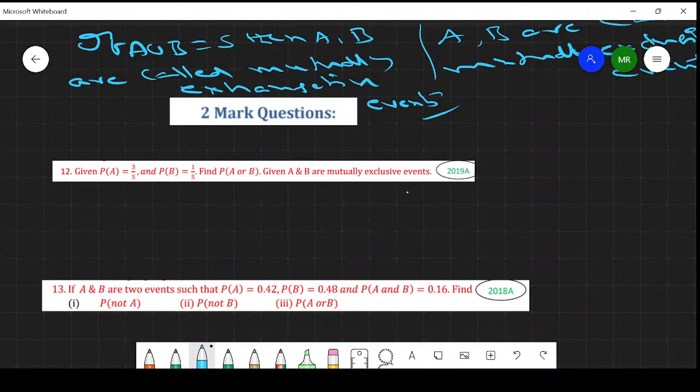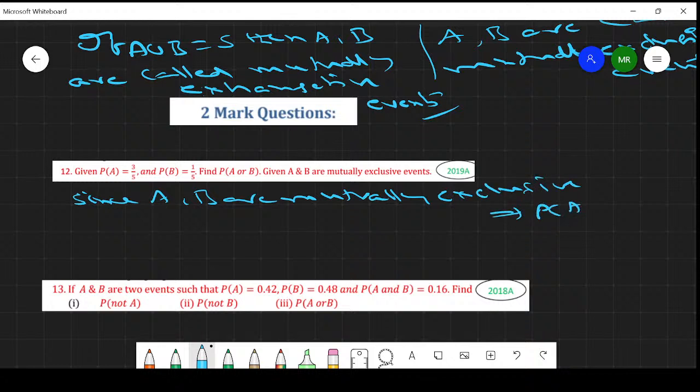Since A, B are mutually exclusive, I can get probability of A intersection B is equal to 0.